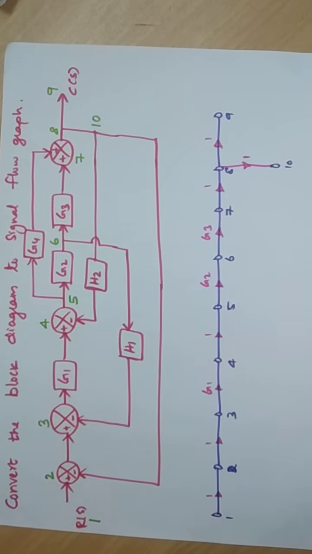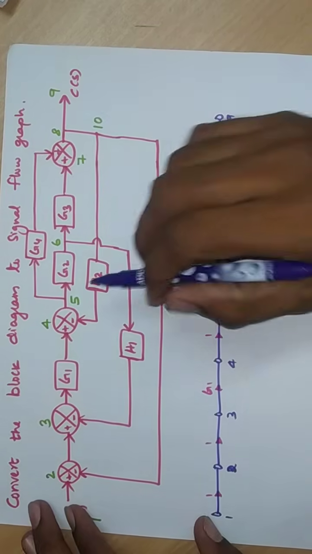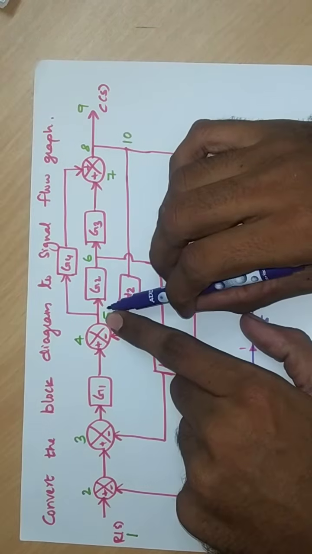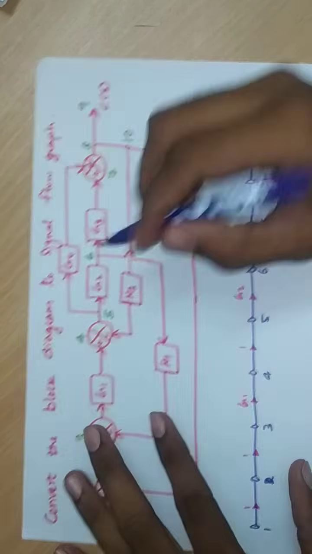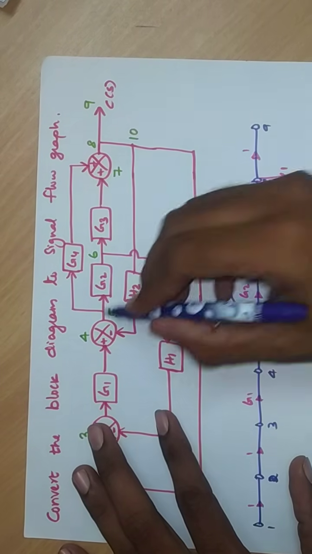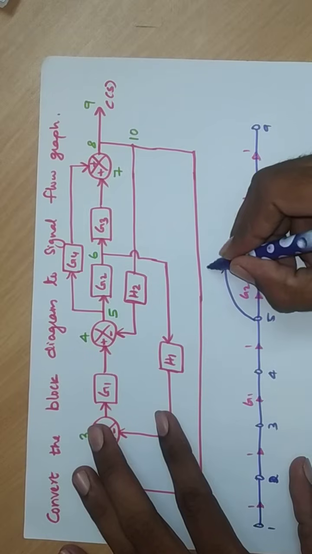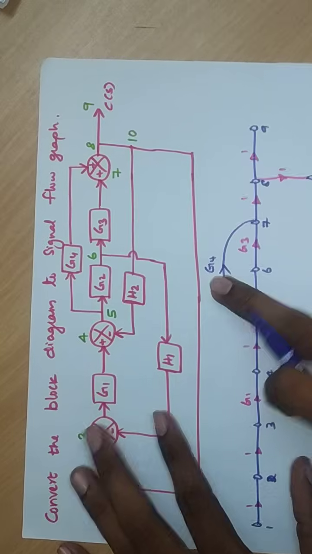Right. Now we are going to draw the loops: the forward paths and feedback paths, whatever is available in this block diagram. So let's see, from the 5th node to the 7th node, there is one gain block. 5 to 7, the direction is clockwise, and the gain value is G4, which is added here, so plus G4.